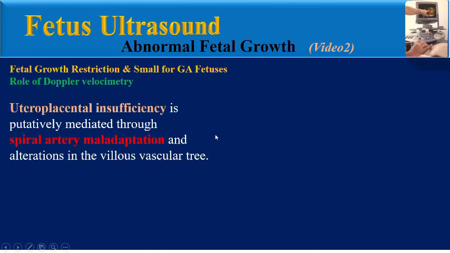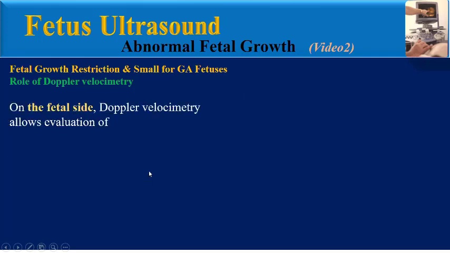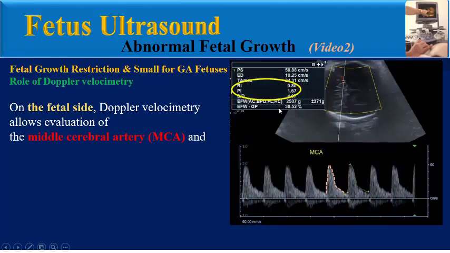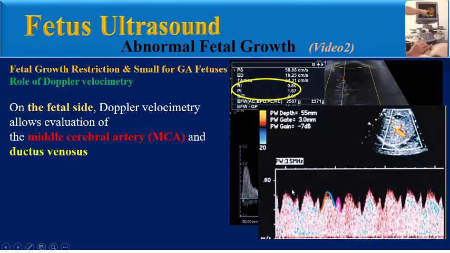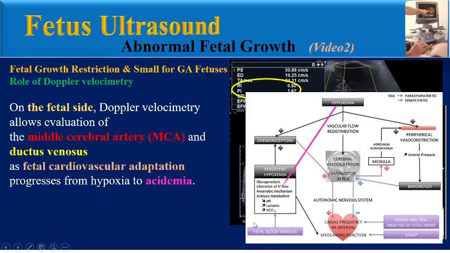Uteroplacental insufficiency is putatively mediated through spiral artery maladaptation and alteration in the venous vascular tree. On the fetal side, Doppler velocimetry allows evaluation of the middle cerebral artery and ductus venosus as fetal cardiovascular adaptation progresses from hypoxemia to acidemia.